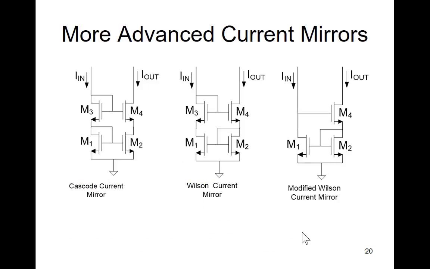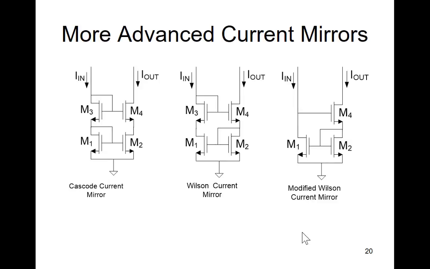Here are three of the more popular current mirrors. The one on the left is called the Cascode current mirror, the one in the middle, the Wilson current mirror, and the one on the right, the modified Wilson current mirror. And they all have the same basic current mirror gain.